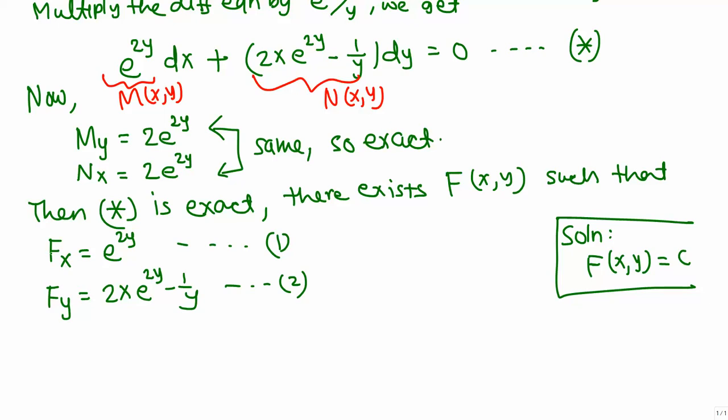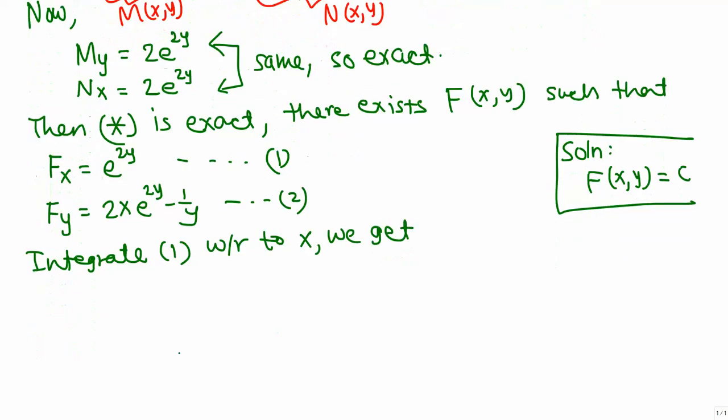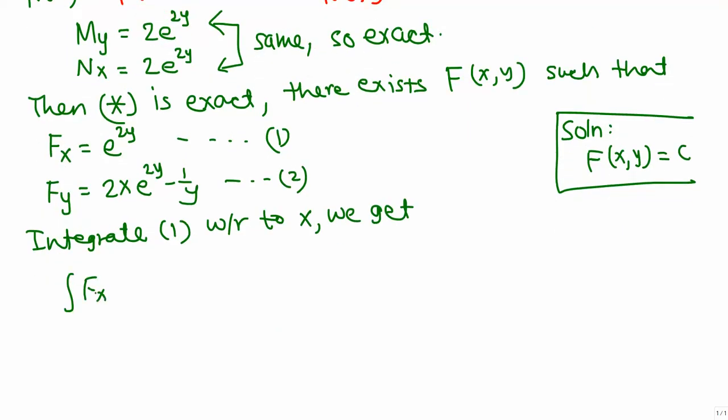We know the derivative of f with respect to x is e^(2y), so we can integrate both sides with respect to x, or we can integrate the second with respect to y, but number one is easier, so integrate 1 with respect to x, because this is a partial derivative with respect to x. We get f_x with respect to x, e^(2y) with respect to x.